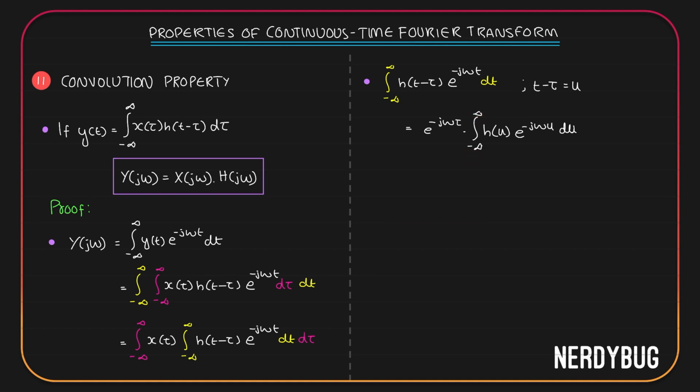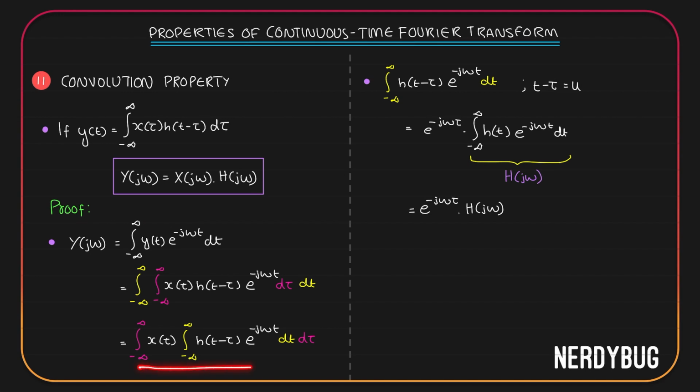Let us call it t. So this is the integral from minus infinity to infinity h of t e raised to minus j omega t dt, which is nothing but the Fourier transform of h of t, or H of j omega. So this is equal to e raised to minus j omega tau multiplied by H of j omega.